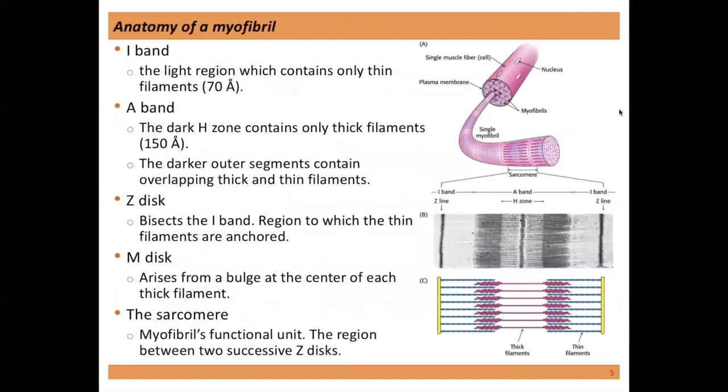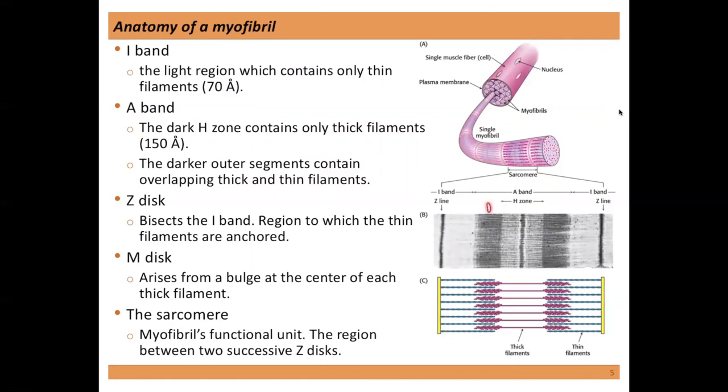So, anatomy of a myofibril. Like I said, there's lots of terminology here, so I tried to break it out here. We've got the I band, and this is the light region. If you actually took the muscles out and looked at them under a microscope, you'd see a light region. This contains thin filaments. You see the A band, this is the dark zone here, and it contains thick filaments.